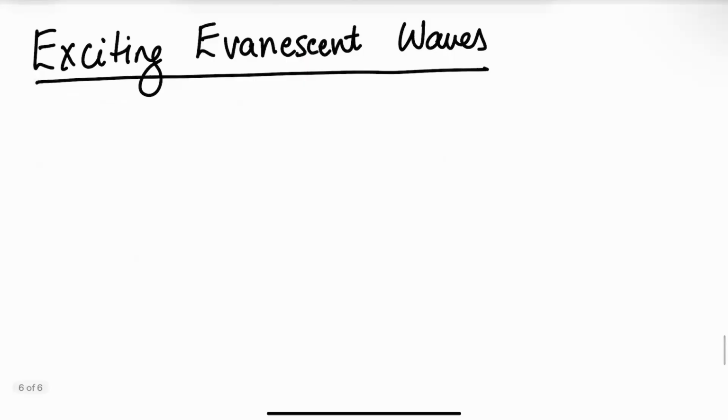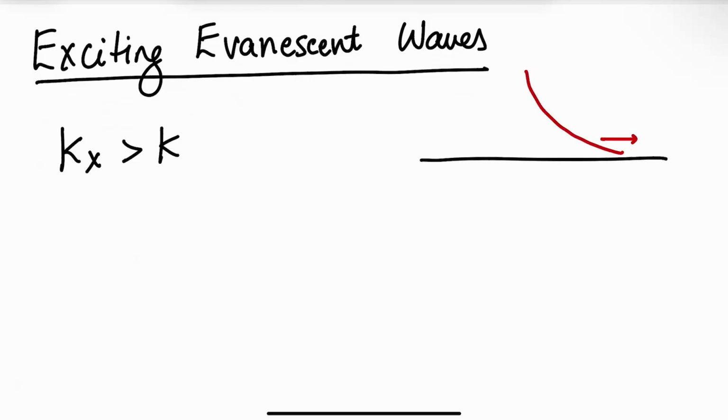So we saw that Kx, for example, is greater than K for an evanescent wave, right? So if I have an evanescent wave where the phase is propagating in this direction, then my Kx in that direction is greater than K. Let's say there's no Ky, right? So if Kx is greater than K, Ky is 0, how do I excite it?